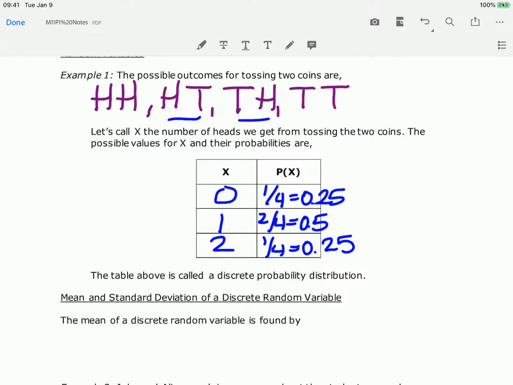So it's a countable number of outcomes. And then I found the probability for each of those outcomes, and if I sum all of these up, it sums to 1. So I have a probability distribution here, where x is the number of heads that I saw, and p of x is the probability that I saw that many heads. So this is the basic idea of what we're going to be doing for the rest of this section.